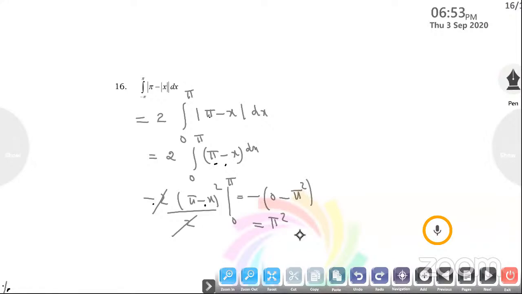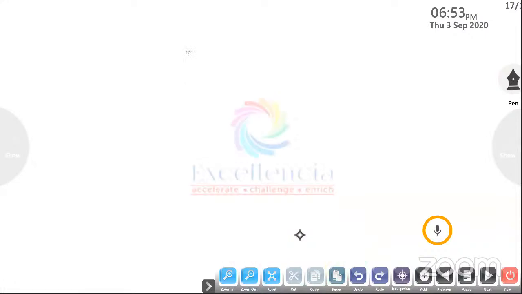Next, yeah, here is one question: y square equal to log of cos square x plus y.